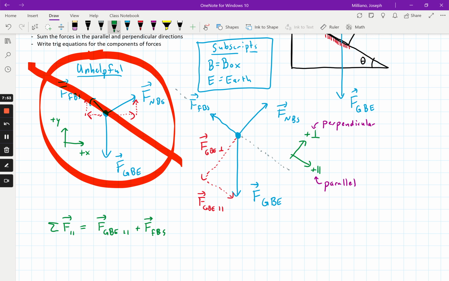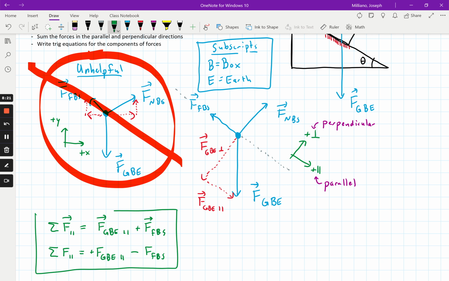So that's our vector equation. And if we want to write our scalar equation, so no vector arrows now, the gravitational force is pointing in the positive parallel direction, so it gets a plus sign out front. Force of gravity on the box by the Earth parallel. And then the friction force is pointing in the negative parallel direction, so it gets a minus sign. We have the force of friction on the box by the surface, and it gets a minus sign out front. So there are our sum of force, vector, and scalar equations for the parallel direction.